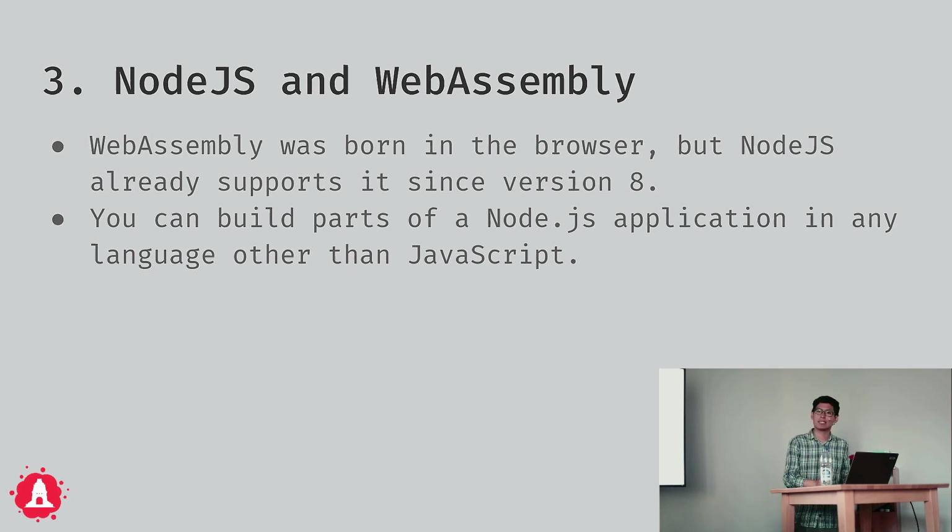That means Node.js also supports WebAssembly, which is available from version 8. And that means it's possible to take advantage of that and use legacy languages or projects for specific parts of existing Node.js applications.